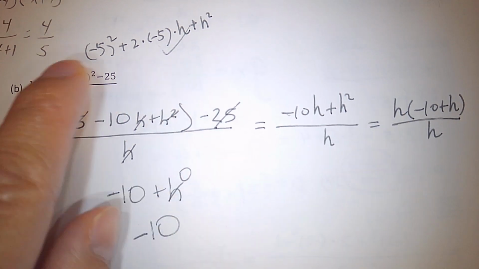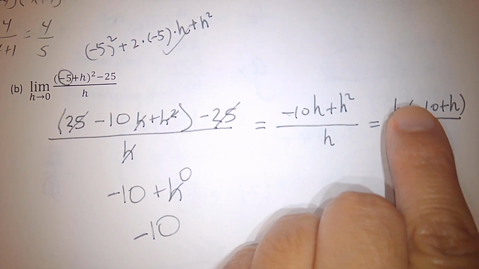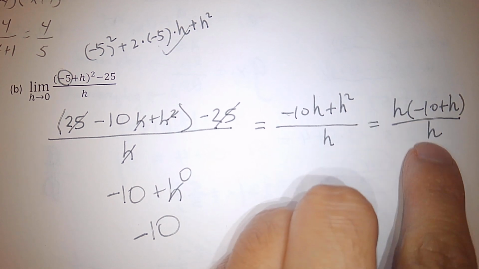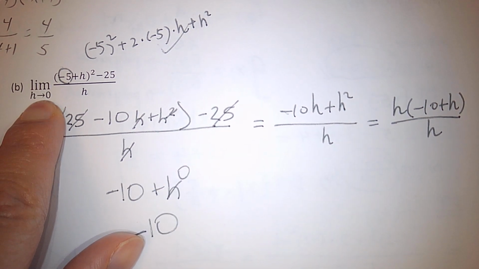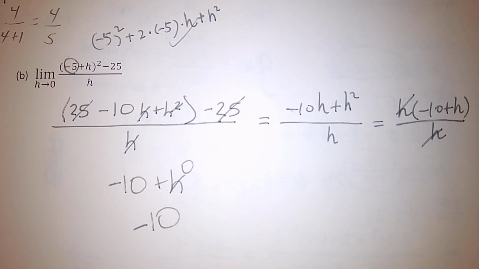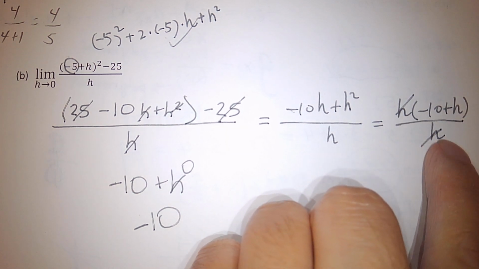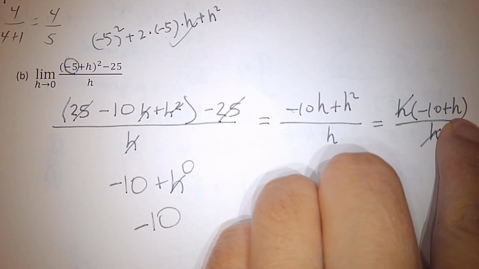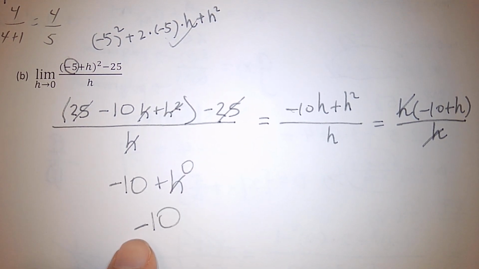Well, here, we want to find the limit as h approaches 0. Common factor h, can we cancel out h now? Yes or no? Yes, because h approaches 0, gives us h cannot be 0. Oh, gone. Okay, so now we have negative 10 plus h over 1, which is negative 10 plus h, and when h approaches 0, it gives us negative 10.